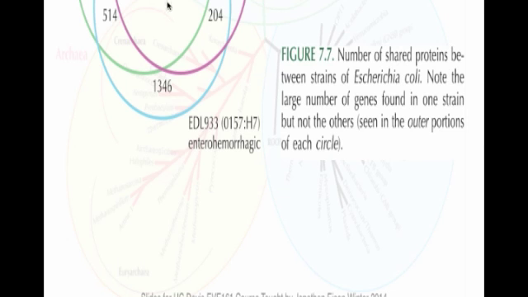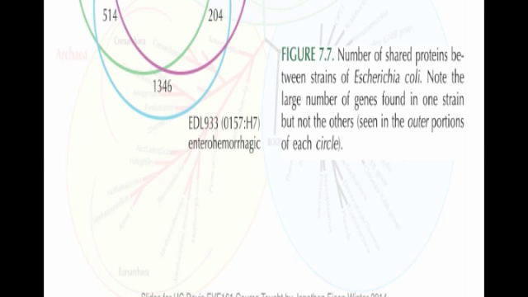In this case, about 3,000 protein-coding genes shared between these 3 genomes. Each genome has, however, about 5,000 protein-coding genes. So even though they all share 3,000 genes with each other, they each have many genes that are not shared across all 3 of them. Some shared with number 2, some shared with number 3, and some unique for each organism.